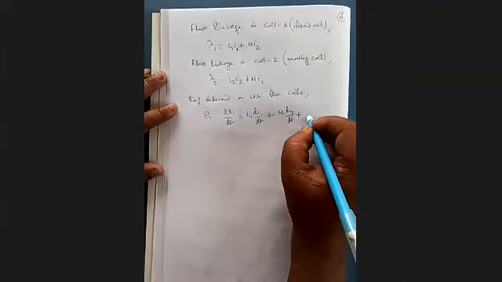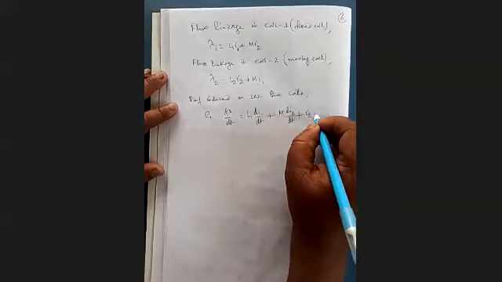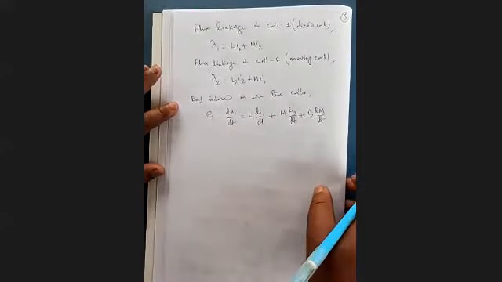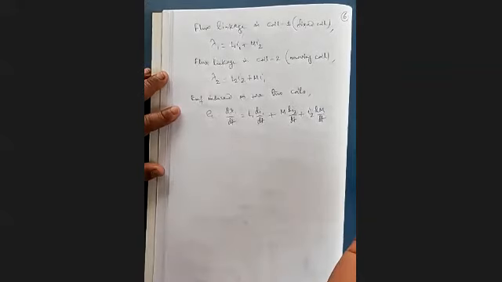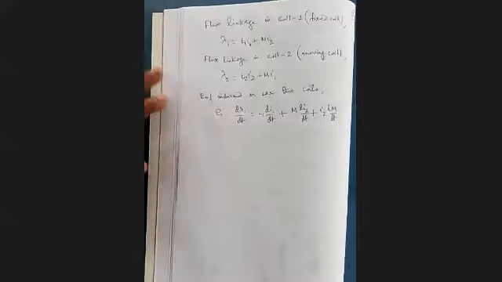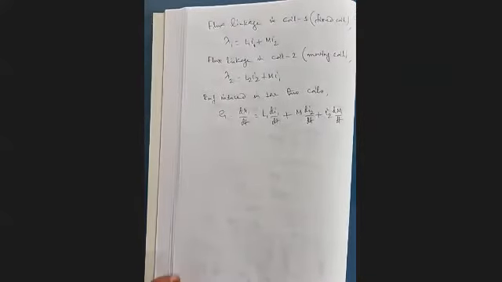So there will be I2 into dM/dt as a new term, which is normally not present in normal fixed coils. In your previous classes, you have come across fixed coils, but here we are considering moving coils. In a moving coil, M changes with time t, or with the deflection theta.